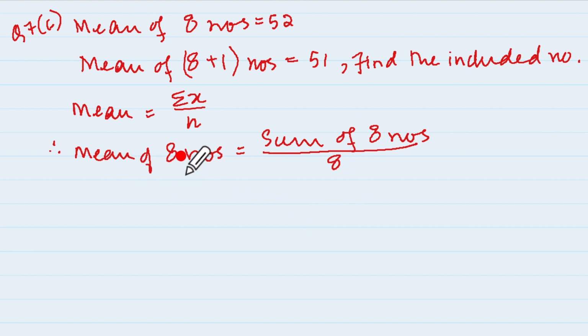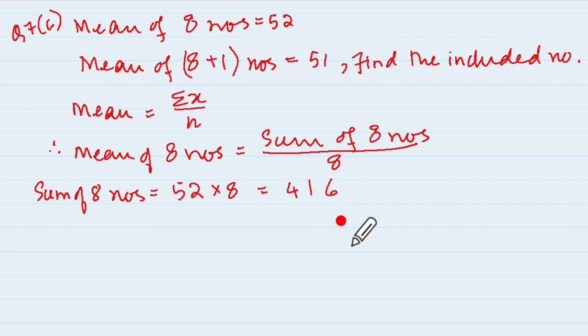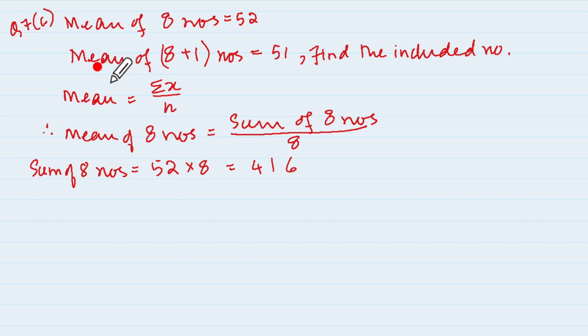How much is this mean? 52. And that multiplied by 8 gives us the sum of 8 numbers, correct? So I'm saying sum of 8 numbers equal to this. Now 8 2s are 16, carry 1, 8 5s are 40, 41. Okay. If mean of one more number included.